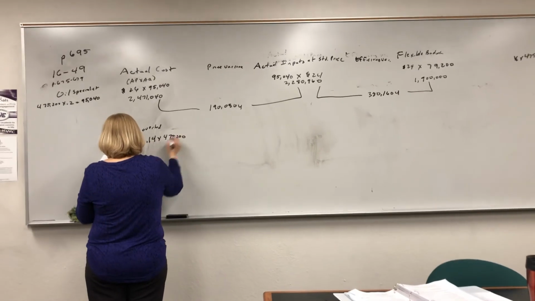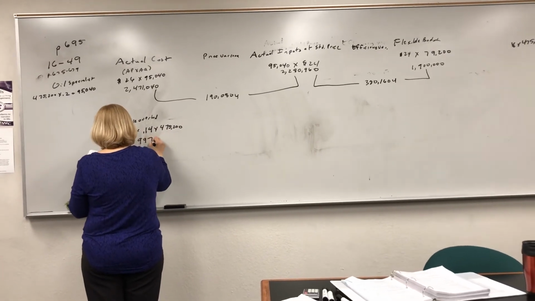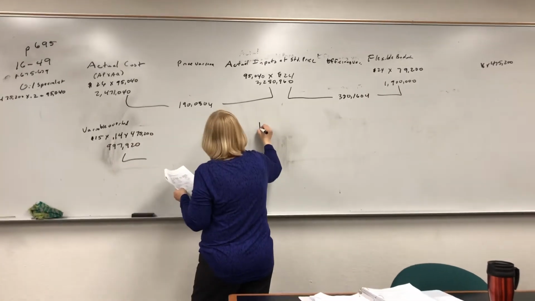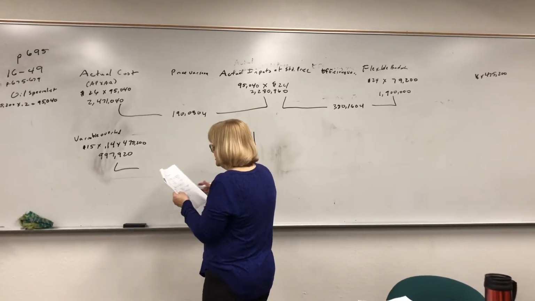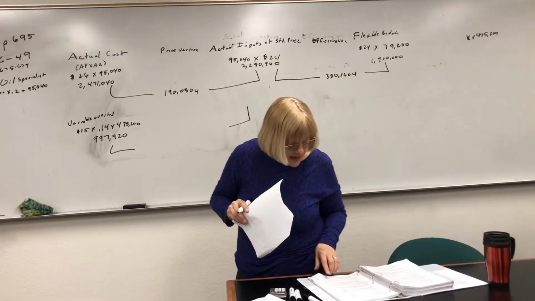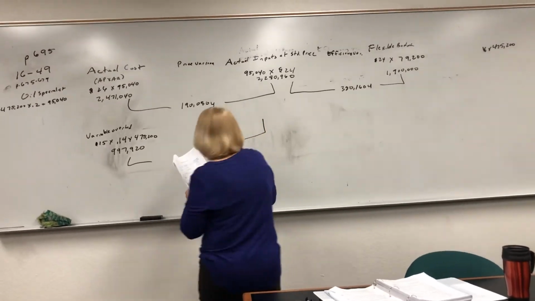So it just works it all out here. And we end up with 997,920 for our actual cost. Our actual inputs at standard price. So our standard price for overhead is $16 an hour.